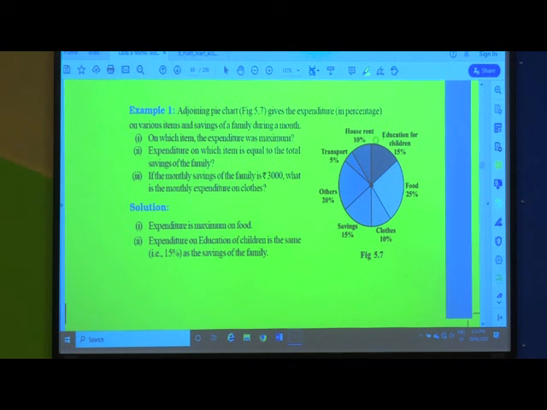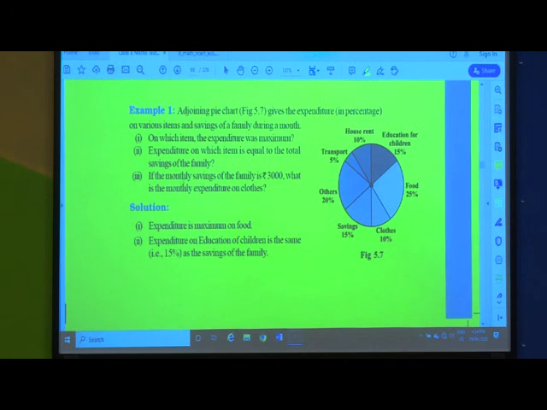Now what they are telling, if the monthly savings of a family is rupees 3000, what is the monthly expenditure on clothes?